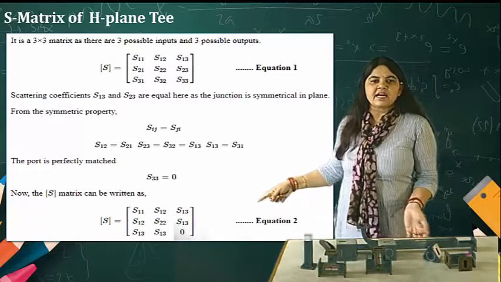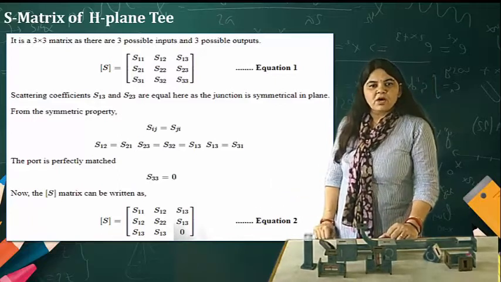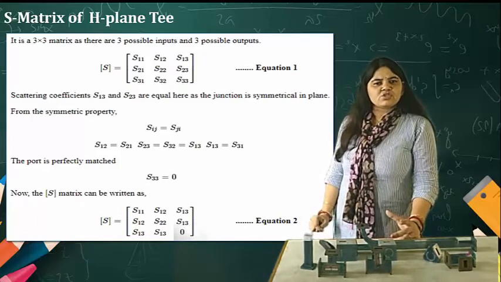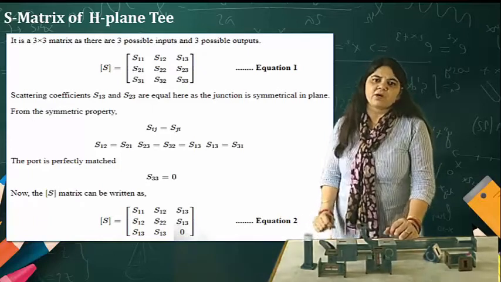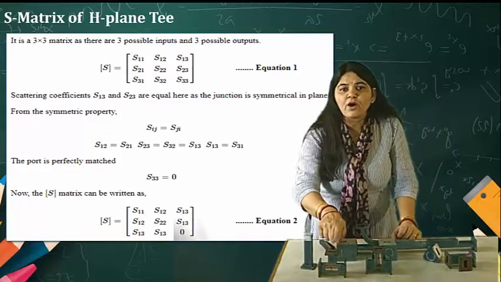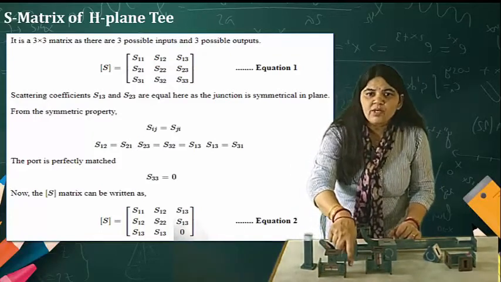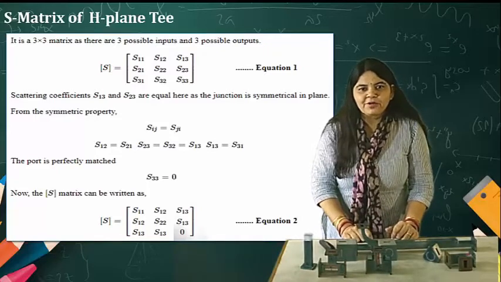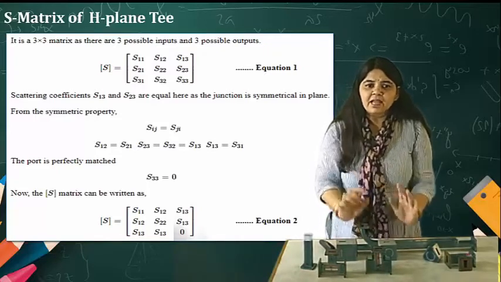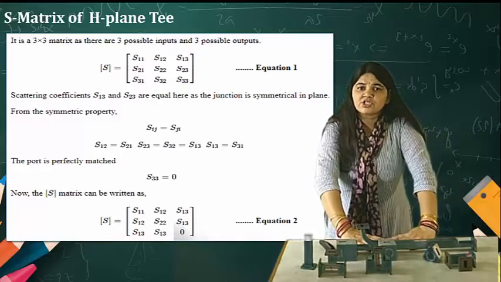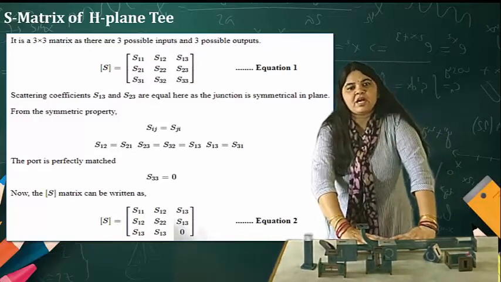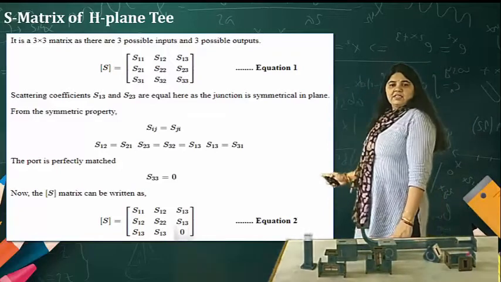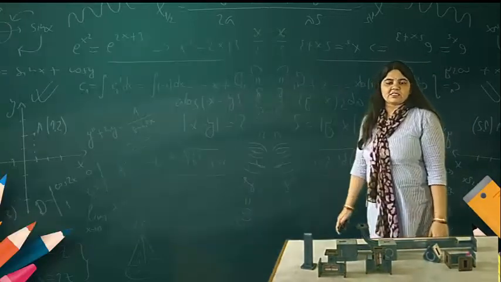Then S22, and S23 is S13, because you are applying the input at port number 3 and the equal output is available at port number 1 and port number 2. So S33 is equal to 0. Now we put all the values inside the equation, and this is the matrix I have.